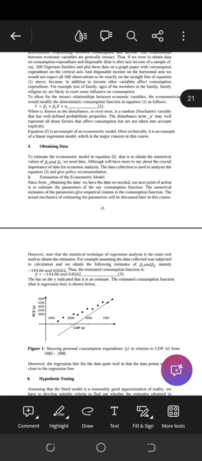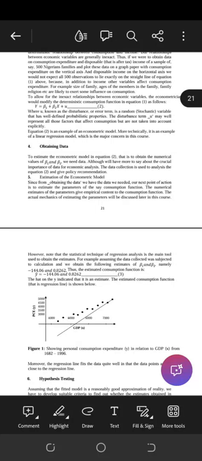For example, the size of the family, the ages of the members in the family, religion, etc., are likely to exert some influence on consumption.